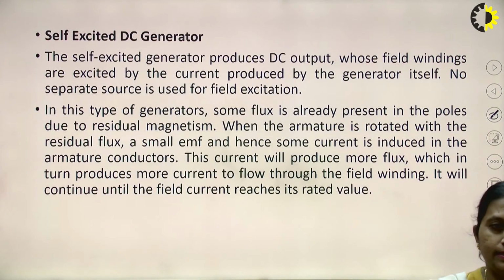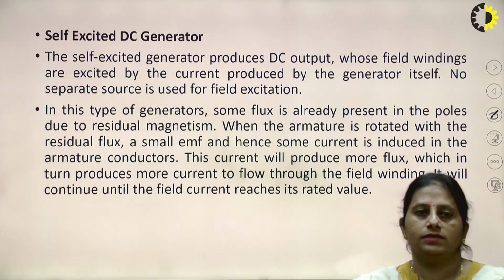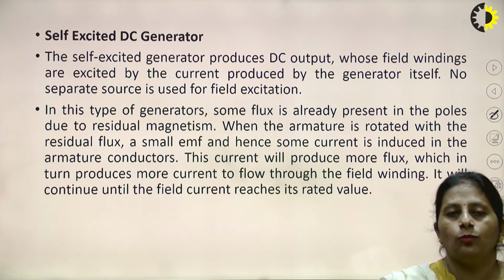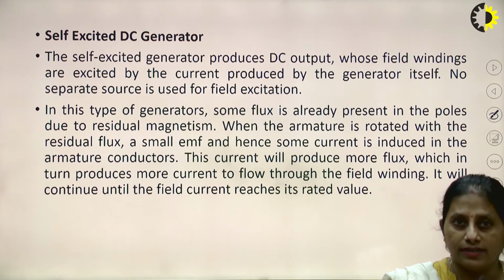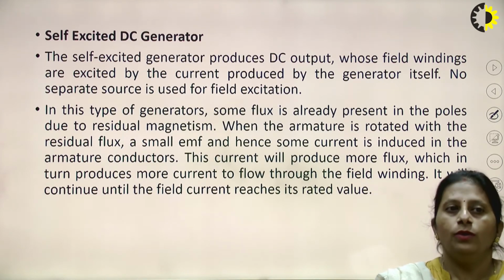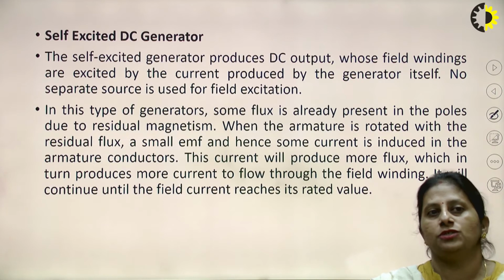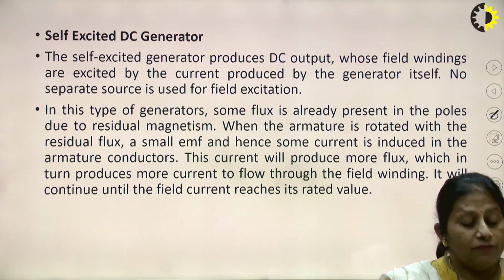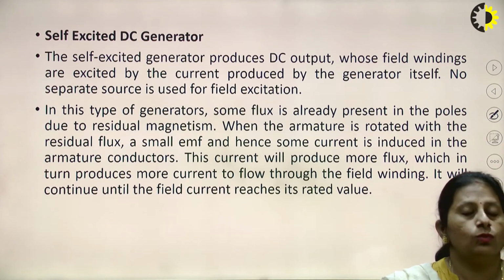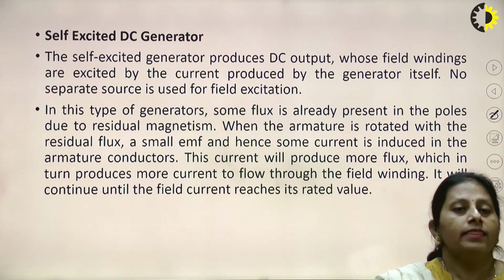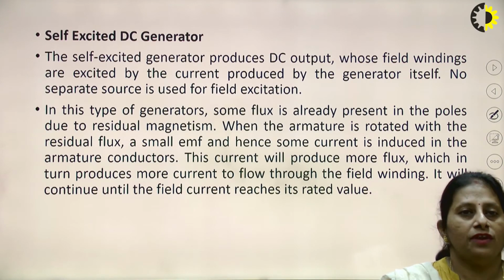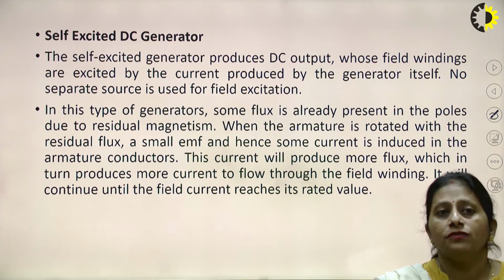Now, the self-excited DC generator, as we have discussed briefly, is a generator that produces a DC output whose field windings are excited by the current produced by the generator itself. No separate source of excitation is used for exciting the field. If that is so, the question arises: how does this self-excited DC generator produce the generated EMF?